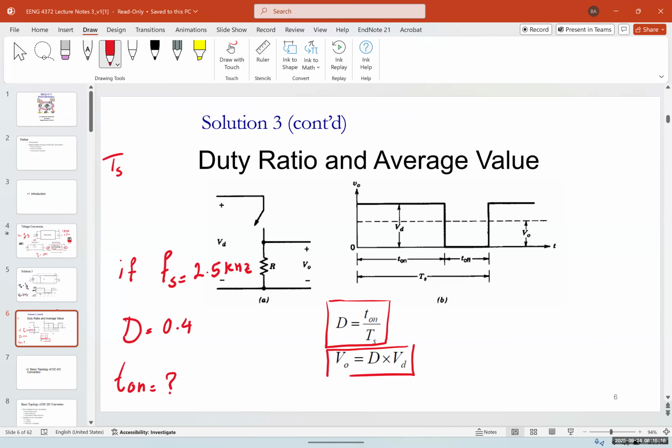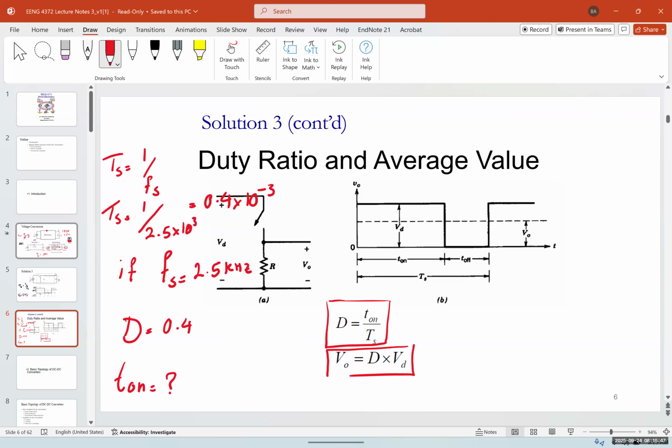So TS is equal to 1 over Fs. Therefore, the period TS would be 1 over 2.5 times 10 to the power of 3, which gives us 0.4 times 10 to the power of negative 3. Am I correct?